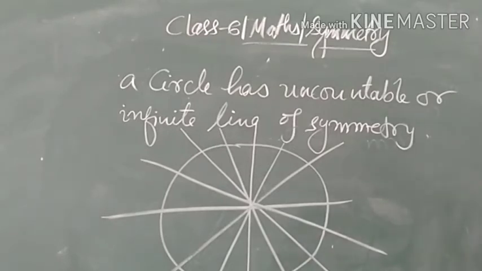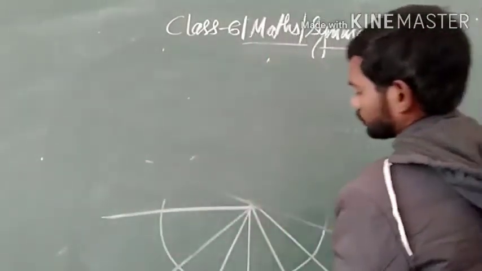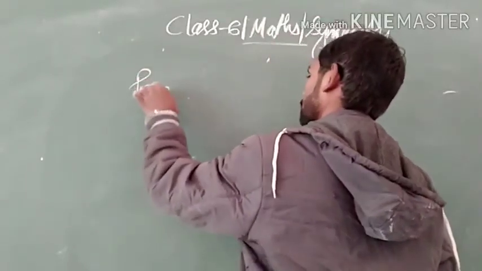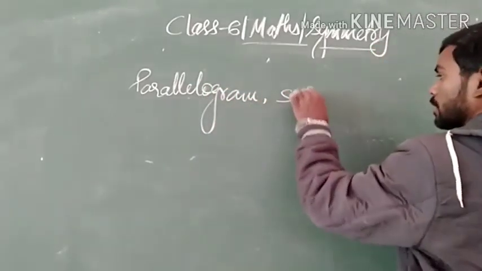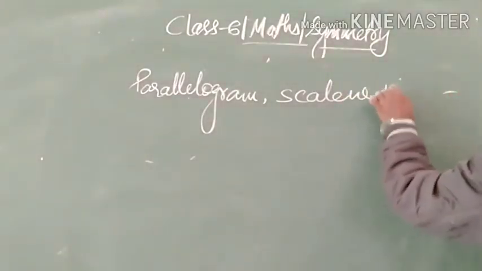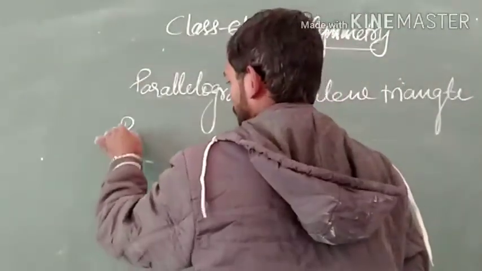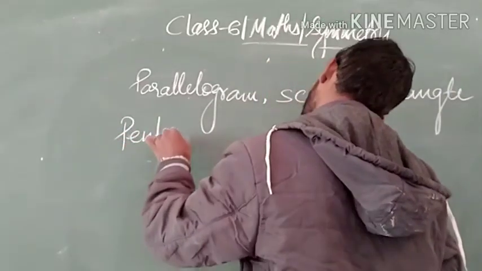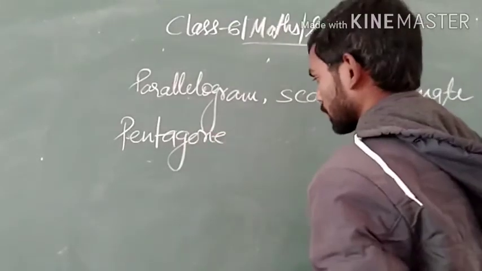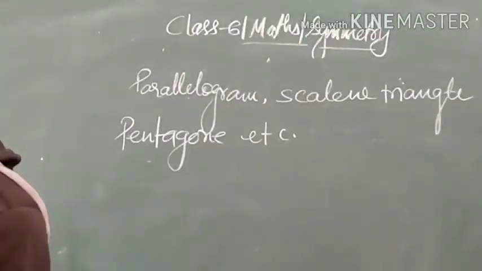Here we have some figures like a parallelogram, a scalene triangle, a pentagon, etc. These are some figures which have no line of symmetry.